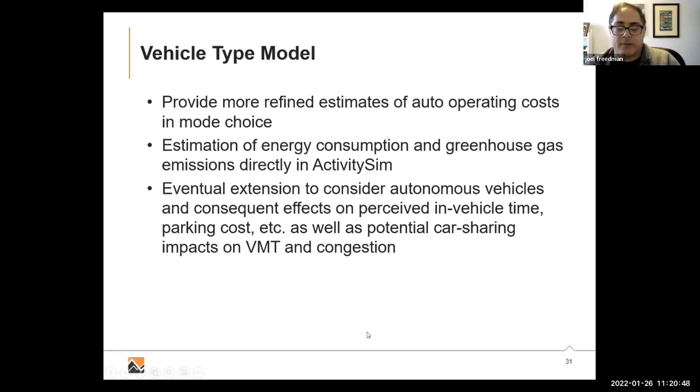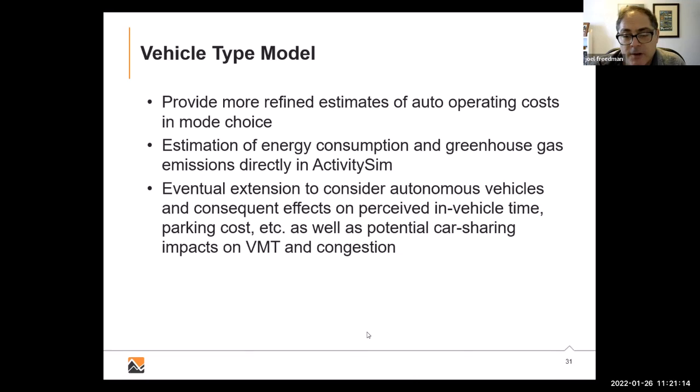My concluding remark would just be that it's really nice to be able to work on a project where the platform is being enhanced in multiple ways to address multiple clients' needs, and there's a real spirit of sharing across all the agencies and the consultant team in terms of contributing to a common framework.